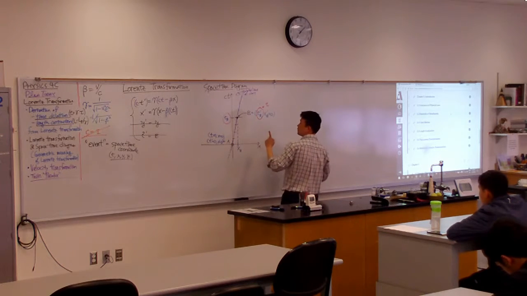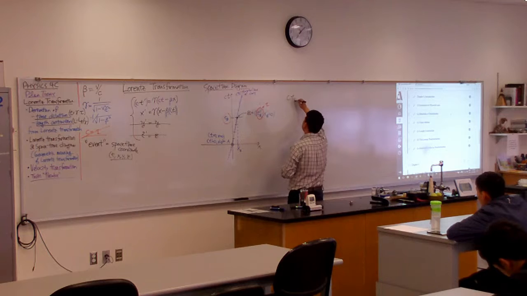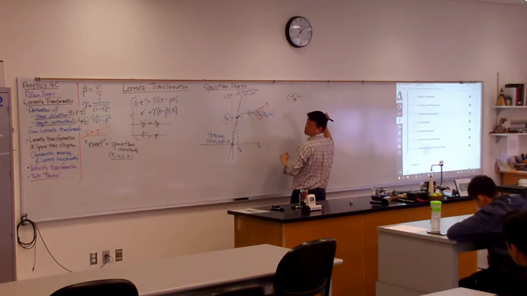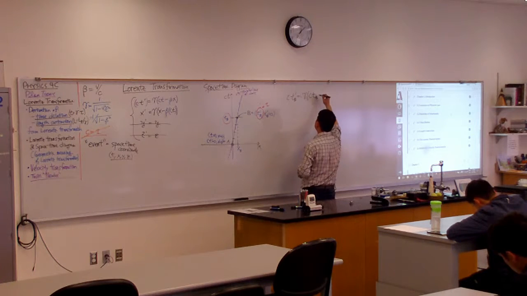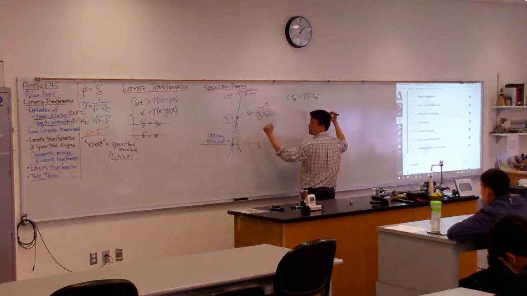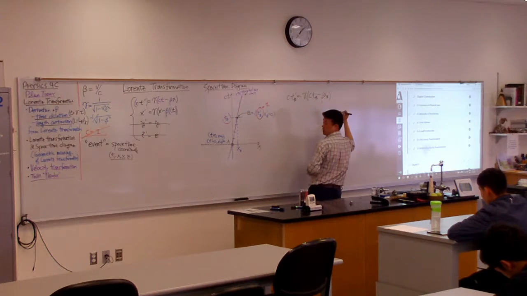So I have ct b prime is equal to gamma times c t b minus beta x b, neither of which I know.